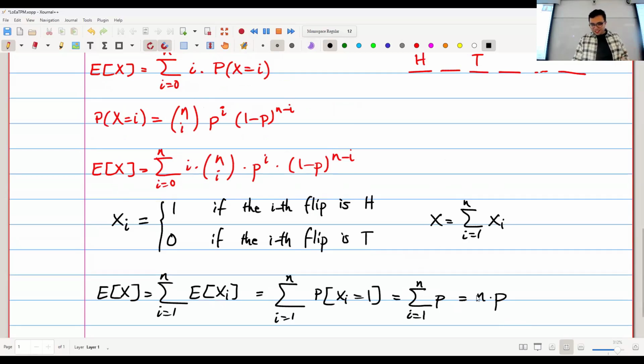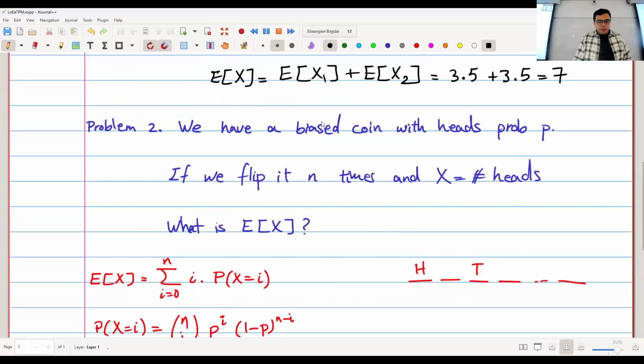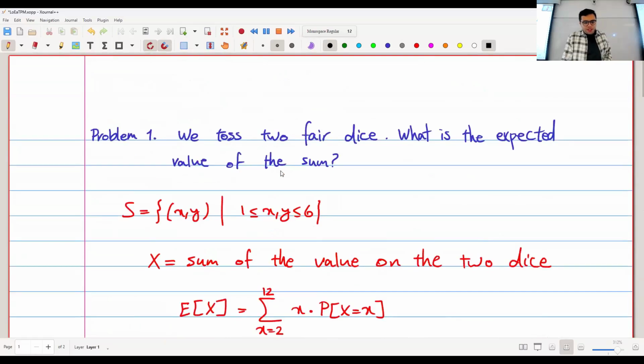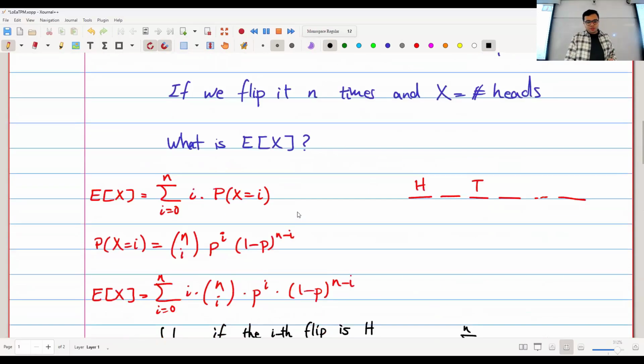Now, of course, you can also prove it with a counting argument, and this is actually just expanding the binomial identity, so it's fine. They're actually the same. Anyway, these two problems were quite trivial. The point was to just show you that things can become much easier if you use linearity of expectation.